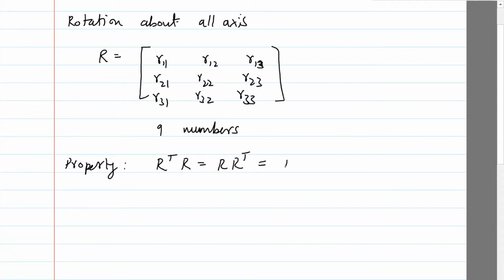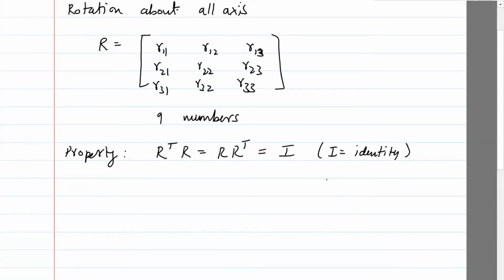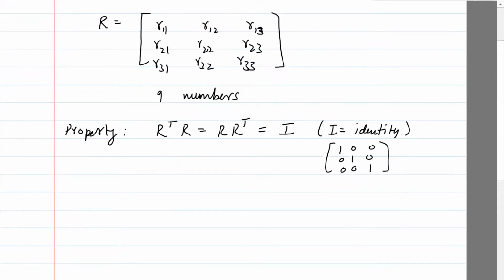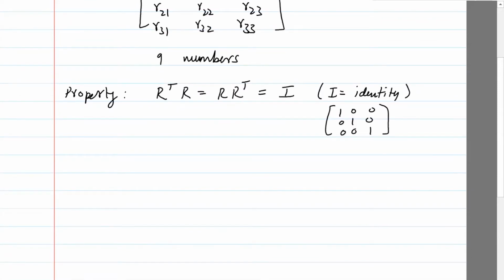That means that if you take R transpose R or R times R transpose, you get an identity matrix, so I is identity, which is equal to 1 0 0, 0 1 0, 0 0 1. That's a property of a rotation matrix, and the intuitive reason is that a rotation matrix can only rotate an object, it cannot scale it, and that's why you need it to be orthonormal. Otherwise, it will not only rotate but also scale things.